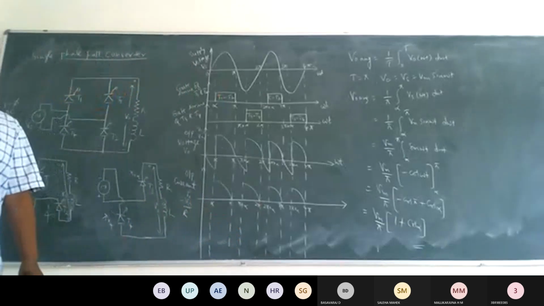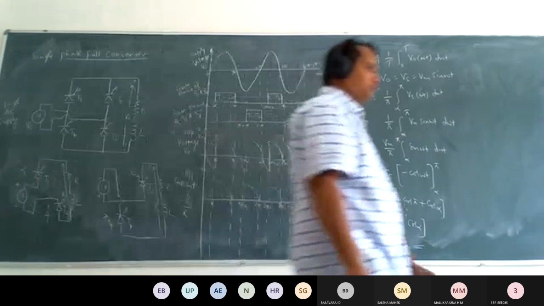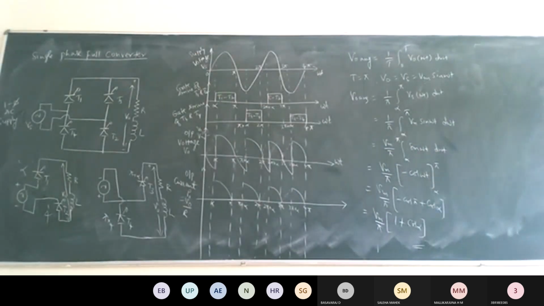Or what is the value of V naught RMS? Vm into under root of pi minus alpha plus sin 2 alpha by 2, whole divided by 2 pi.